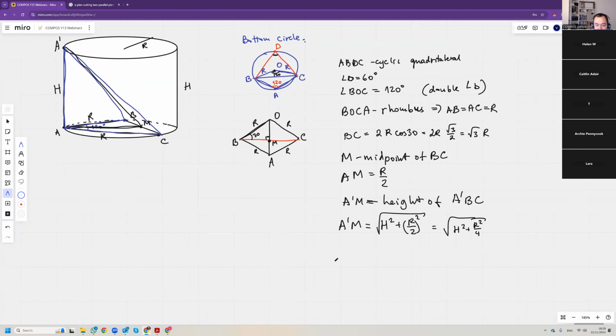And then the area of triangle A1BC is 1/2 times the base, which is BC, times the height, which is A1M. So 1/2 times BC, which is square root of 3R, times A1M, so square root of H squared plus R squared over 4.